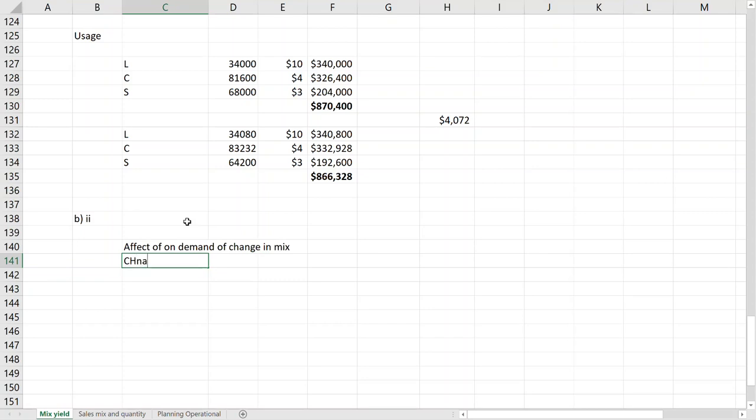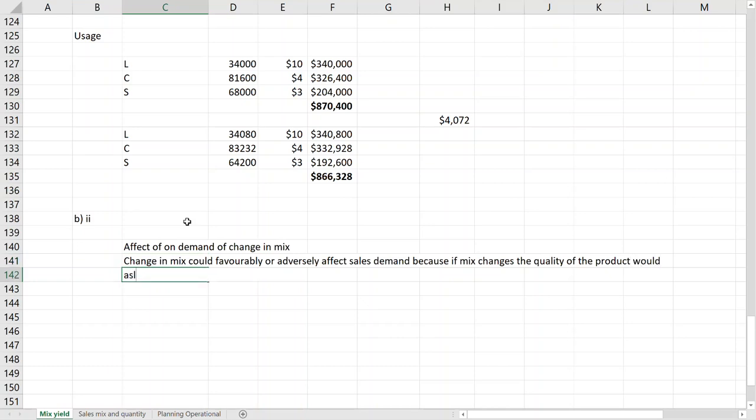Now, change in mix could favorably or adversely affect sales demand, because if mix changes, then the quality of the product would also be expected to change.